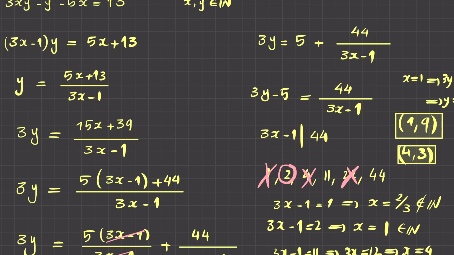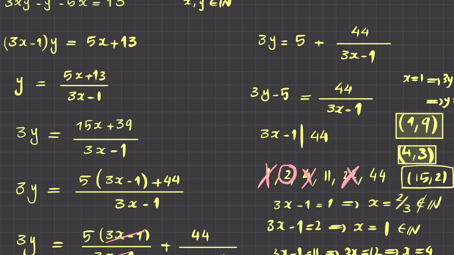But if x is 15, then this number becomes what? 44. And 44 divided by 44 is 1. So 3y minus 5 is 1. So y is 2. So this means that the other answer is 15 and 2. So this is why you don't see any other answers for this.